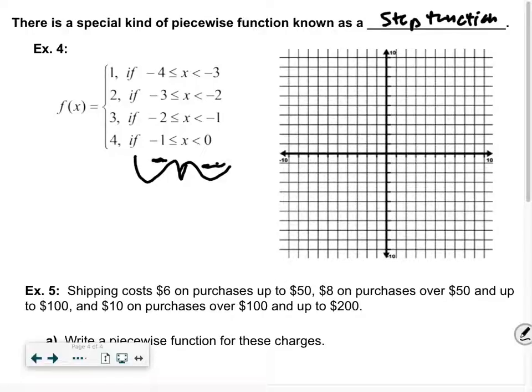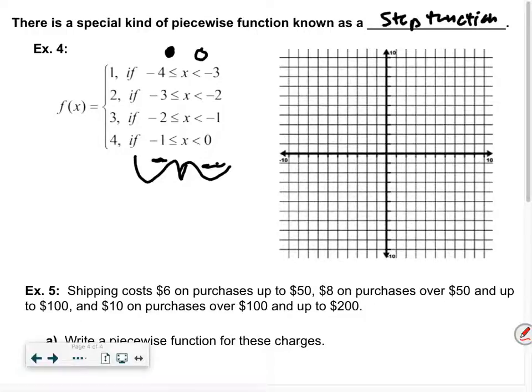Is the left one closed or is the right one closed? Meaning, which one has equal to? The left one's closed. So all these left points are going to be closed, and my right ones are going to be open. I think you'll find this stuff is easier.